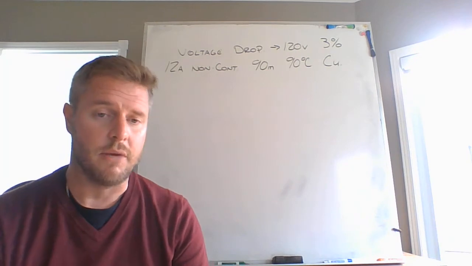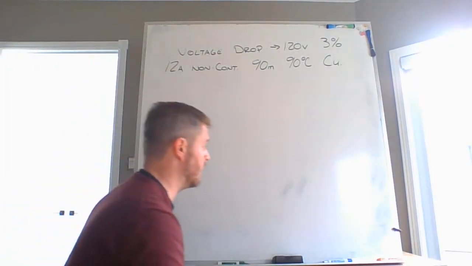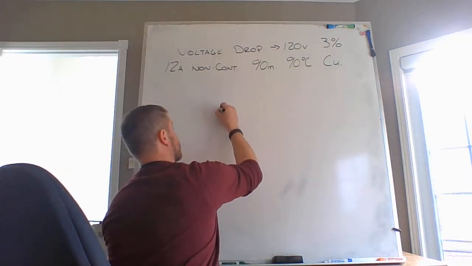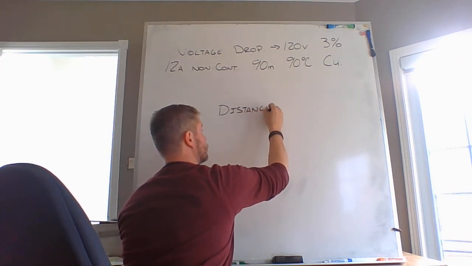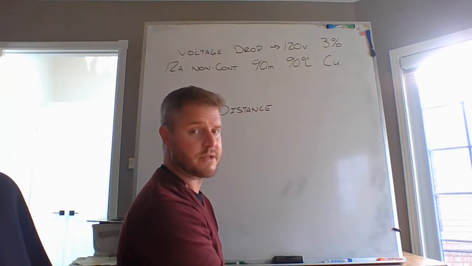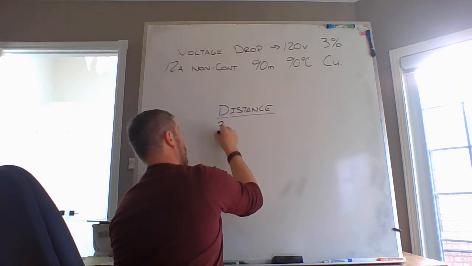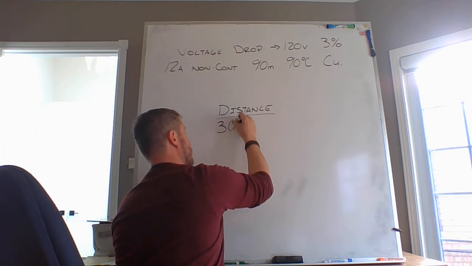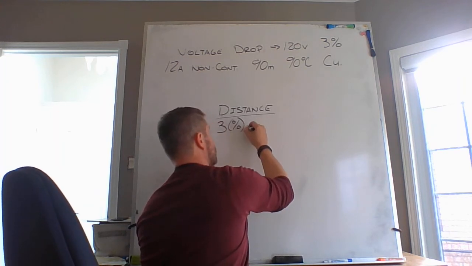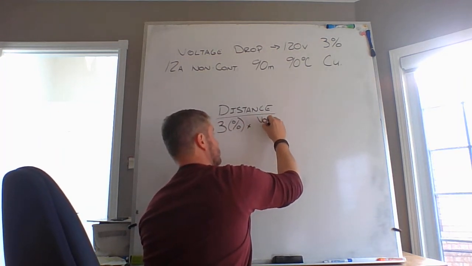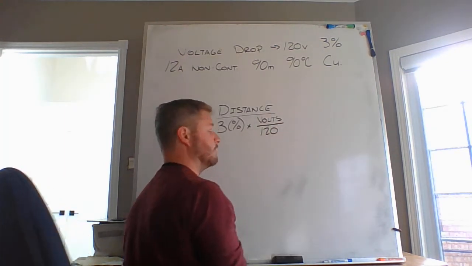So, if I taught you basic and I taught you intermediate, I would have told you the KISS method. Remember this. Distance, for us 90 meters, divided by my 3 expressed as a whole number, percent allowable, times my volts, divided by my nominal 120.